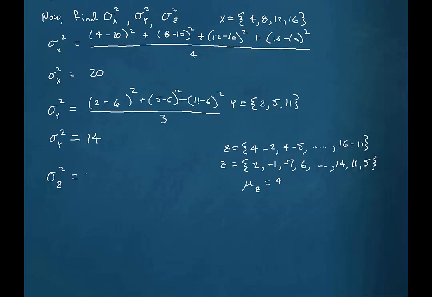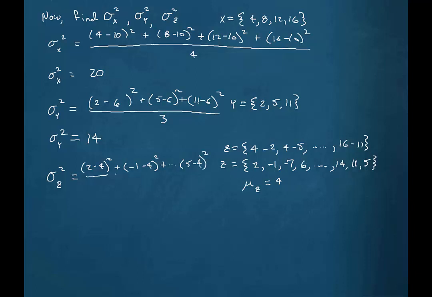Okay, so this variance then would consist of every one of these values minus 4 and then squared and then divided by the number of terms that we have. So we would have 2 minus 4 squared plus -1 minus 4 squared plus, and we would keep on doing this until we got to this last one, 5 minus 4 squared.